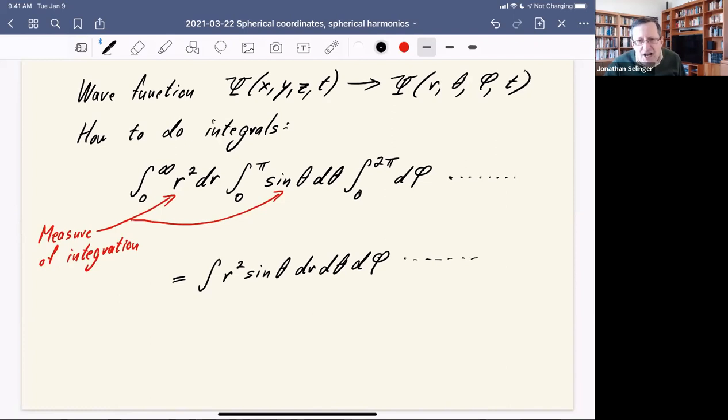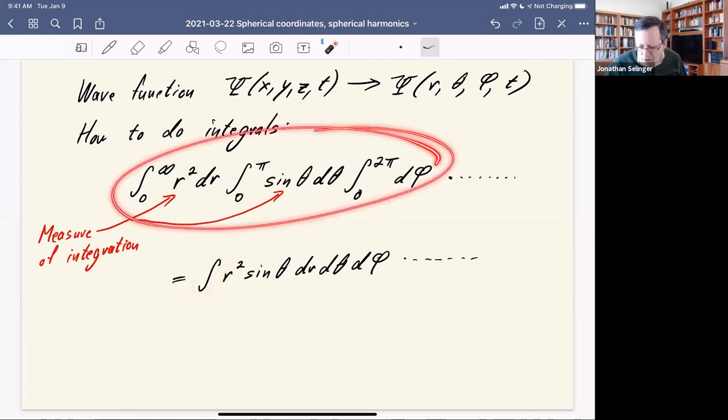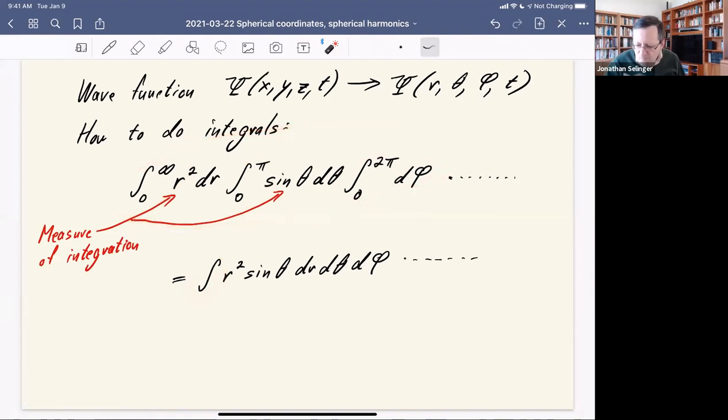This is still a definite integral, and it's a definite integral over these limits. This is the sort of arrogant notation that, I know what I mean, and I'll just assume everybody knows what I mean, so I don't have to actually write what I mean. This is a shorthand for all of that stuff.